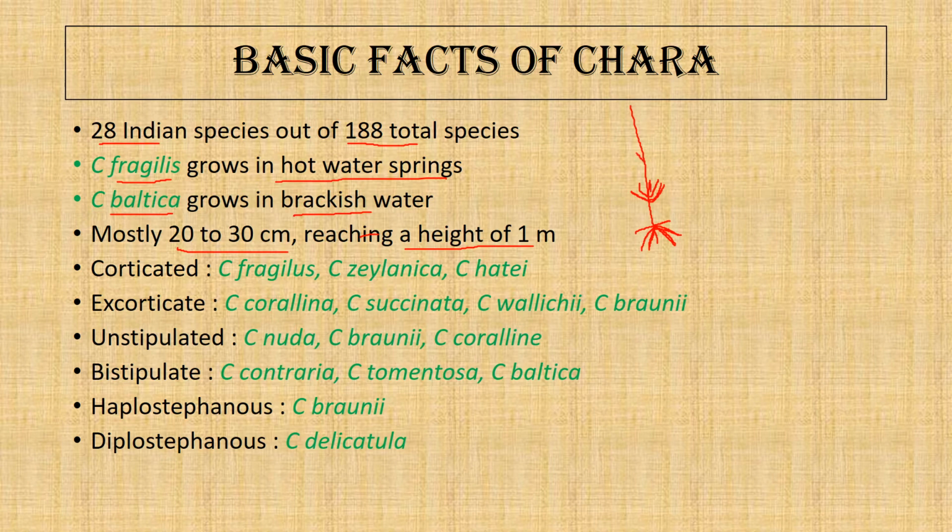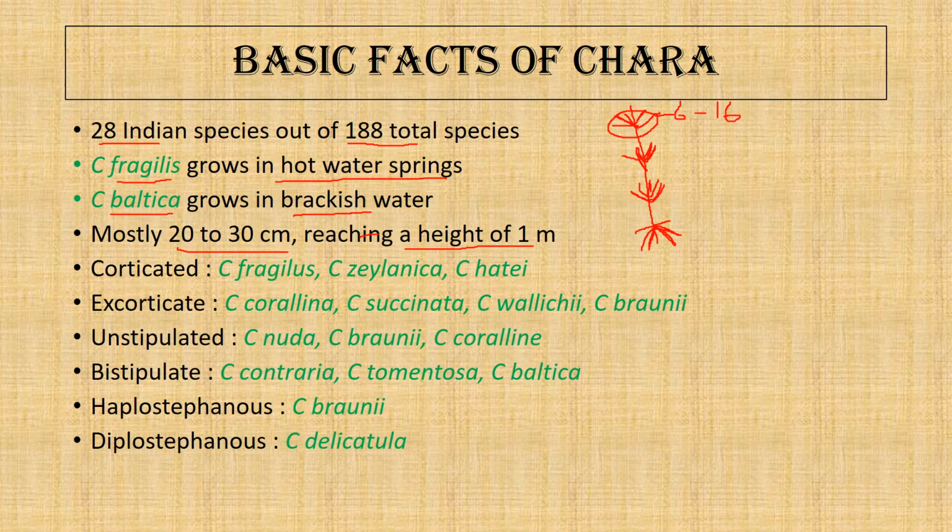The shoot is divided into nodes and internodes, and from the nodes arise a whorl of branches or leaves, or branches of limited growth. These branches of limited growth are either 6 to 16 in number.